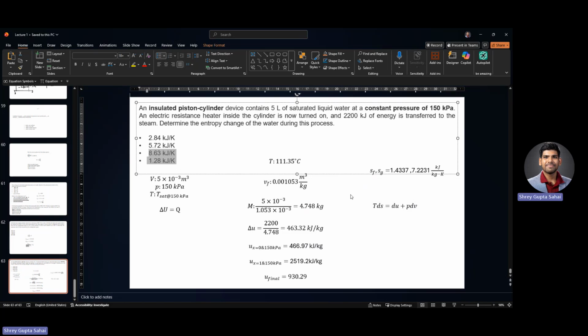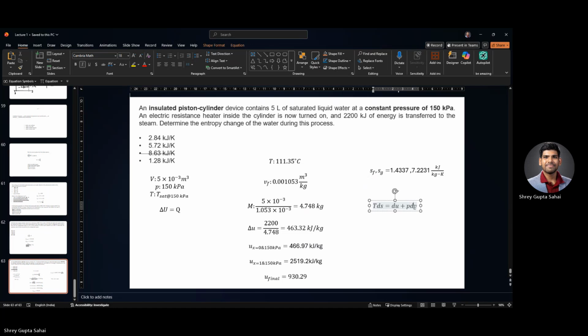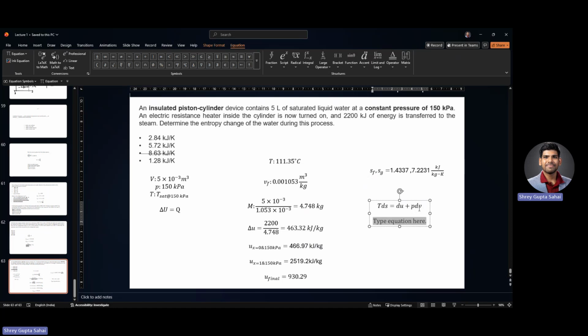Wait. It says change in entropy. So definitely this is not an option. But we still can't rule out other options. So by just that logic, I will find x first of all. So I need to find x now.